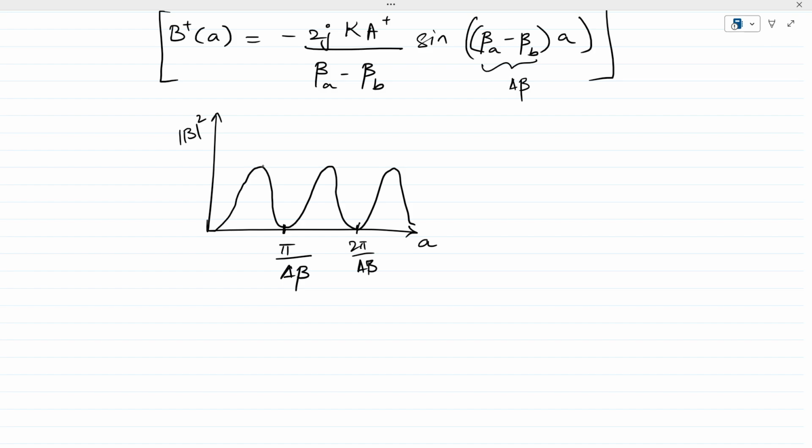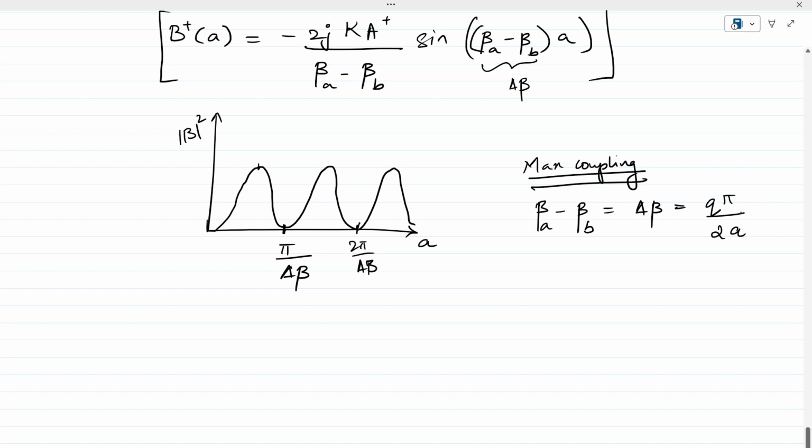Similarly, what will be this point? This is the point of maximum coupling. Maximum coupling to mode B from mode A will happen at this point, which will be nothing but pi by 2 delta beta, right?